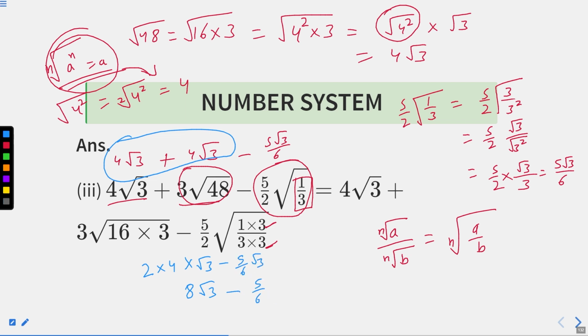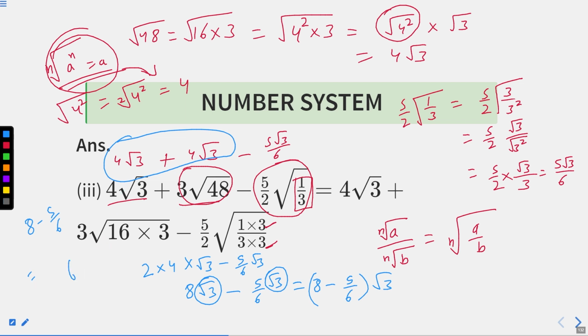Both are the same, so we write root 3 here: 8 minus 5 by 6. Now we have just to solve 8 minus 5 by 6. It is quite easy, it is just fractions.